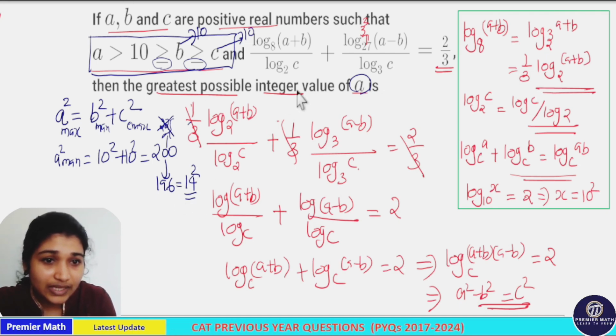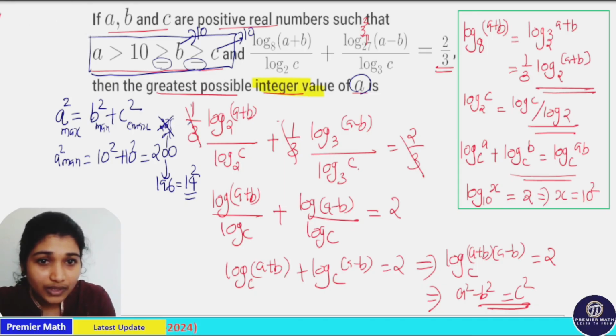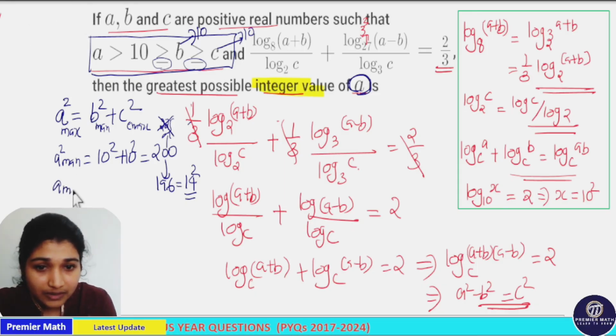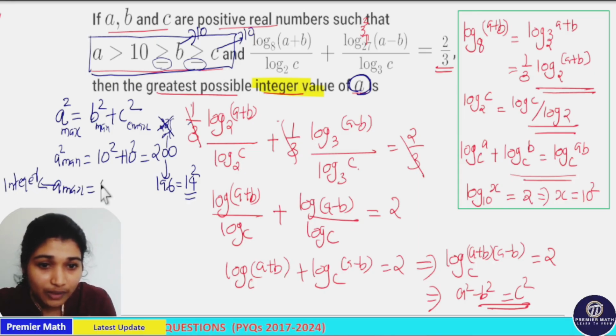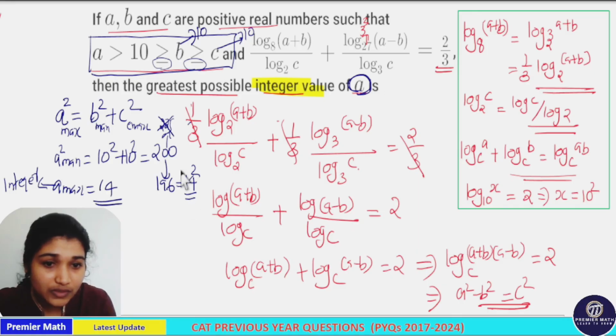Here we need an integer value for A, so A should be an integer. So A maximum should be 14 here because we need an integer value. Here A square maximum is 200 and the square nearest to it is 196. So for an integer value, A should be 14.